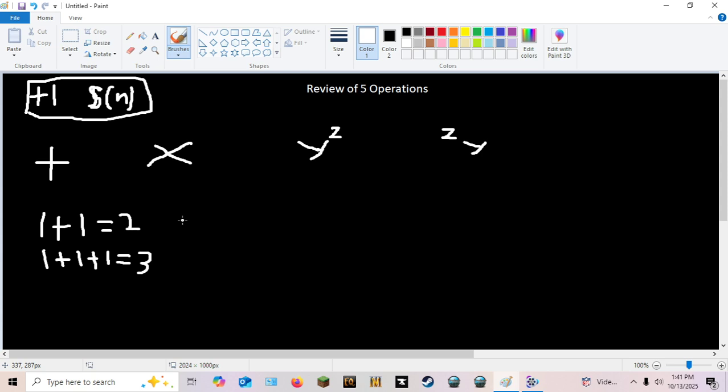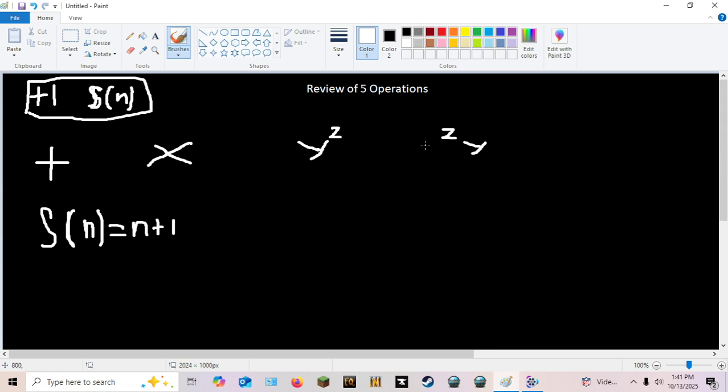But let's do the Peano arithmetic. So this should look like S(n). S, parentheses, n. The n should be only in parentheses, which equals this number in the parentheses plus 1.